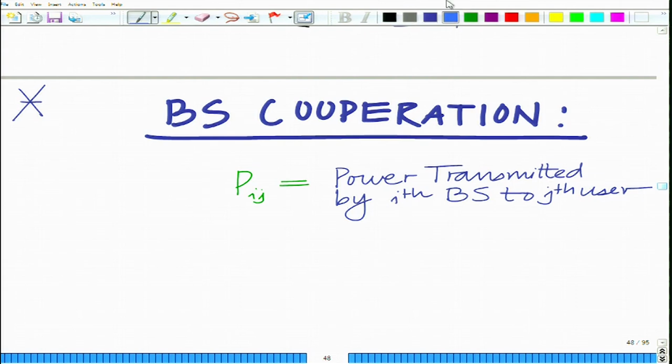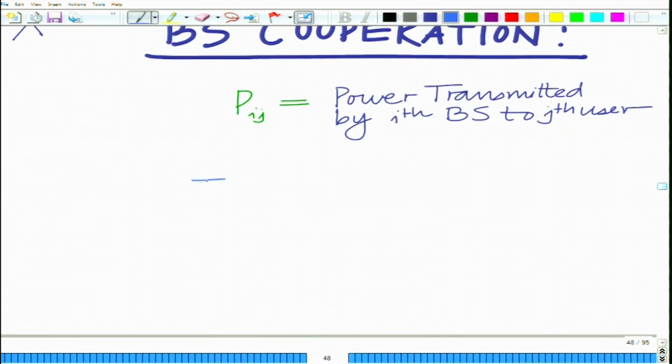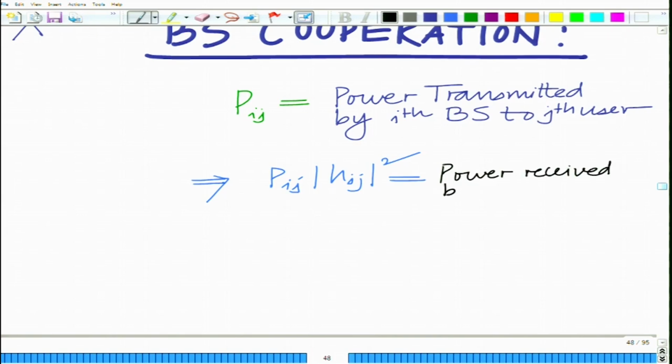So Pij denotes the transmitted power, and magnitude Hij square is the power gain, which implies that if I multiply the transmit power Pij by magnitude Hij square, this quantity denotes the power received by user j from the ith base station.